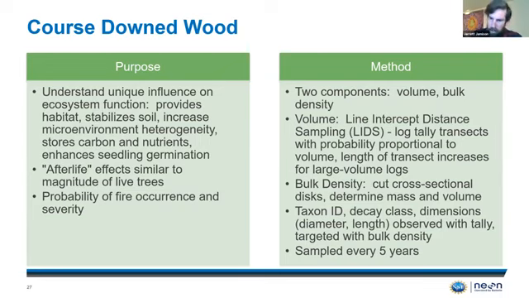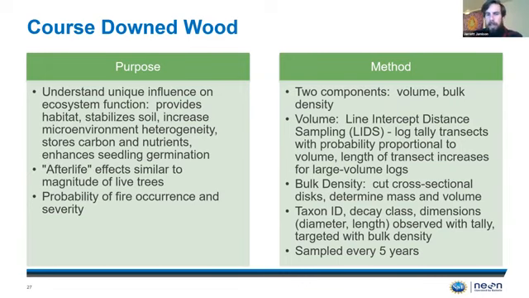Because coarse down wood particles can persist in the environment from decades to centuries, they have afterlife effects on ecosystem function of similar magnitude to those of live trees. In addition, knowledge about the quantity and size distribution of CDW pieces at the landscape scale can be used to model the probability of fire occurrence and severity, because CDW can be an important fuel source.